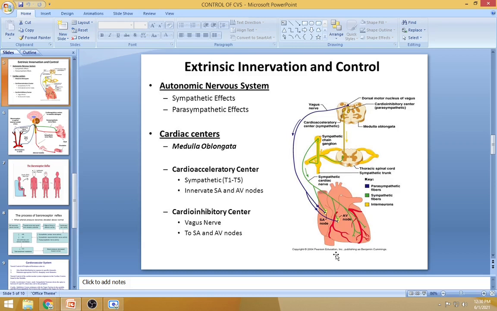But then you have this extrinsic control system that modulates the parameters of the heart. So it can increase heart rate, increase cardiac output, or decrease heart rate, decrease cardiac output.